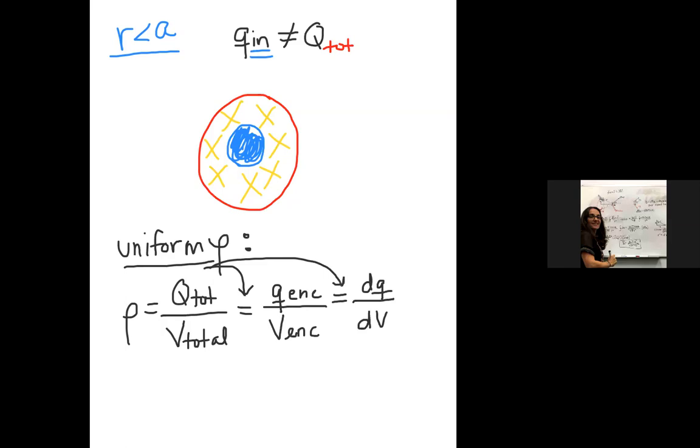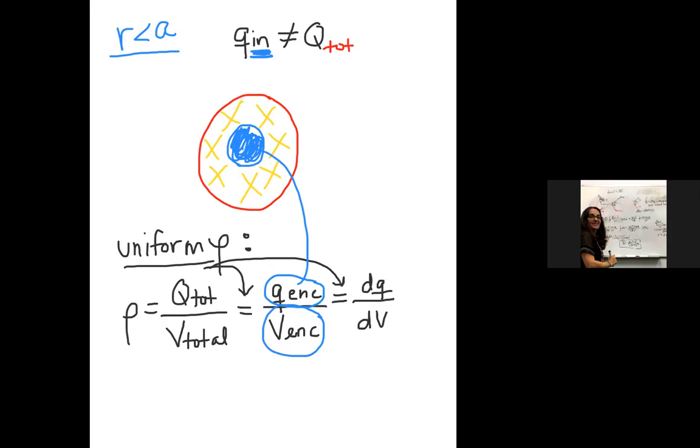So I want to know what this Q enclosed is, right? That's this bit. That's that little blue bit right in there. So that means that I have to relate it to the volume, not the whole volume. What is the whole volume?